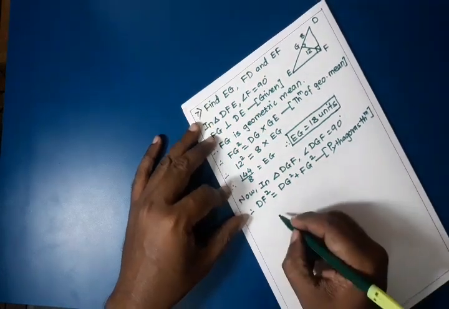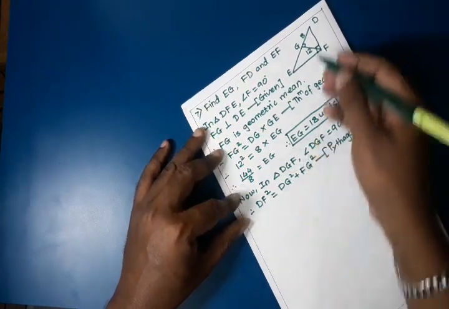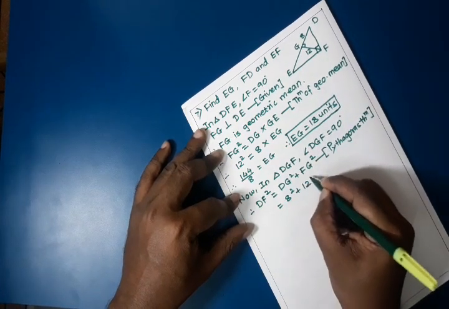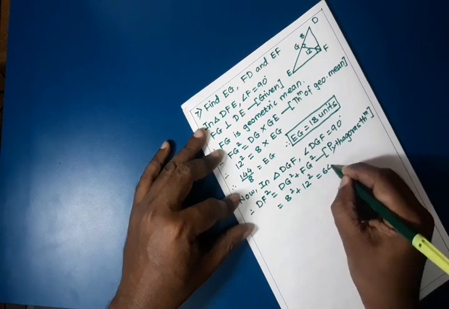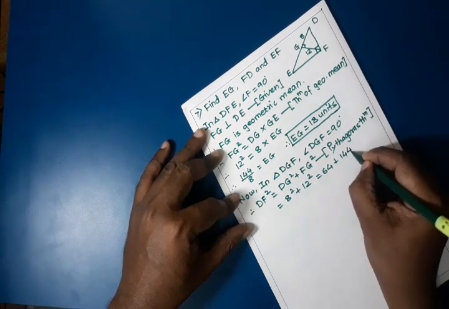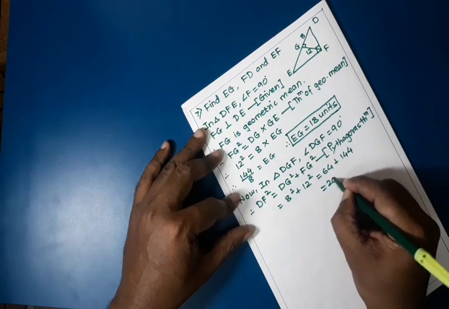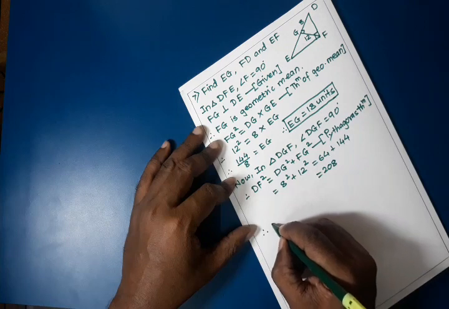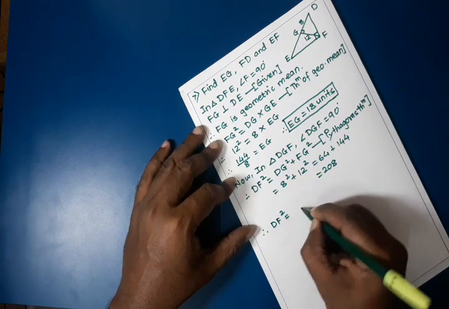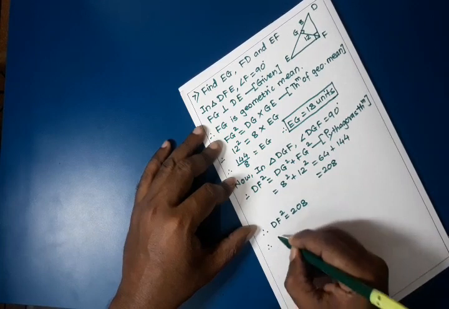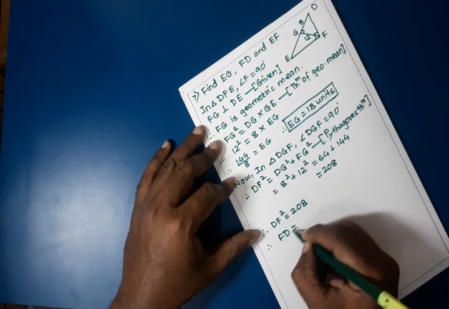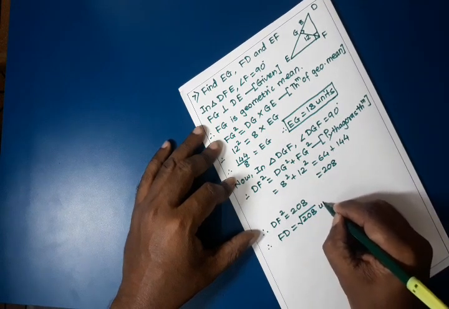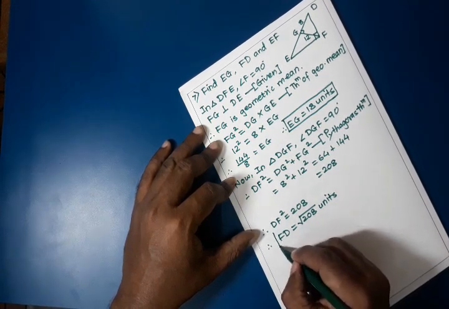Now just substitute the values: DG is 8 square plus FG is 12 square, which is 64 plus 144, and this will become 208. So DF square is equal to 208, and taking the square root on both sides we get FD is equal to 2 under root 208 units. You can simplify this value.